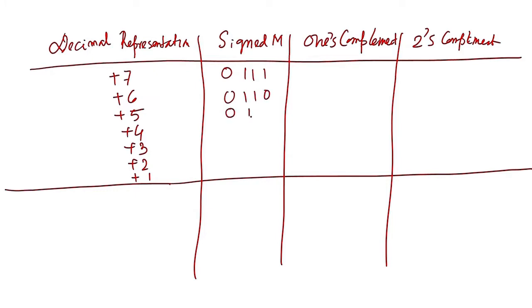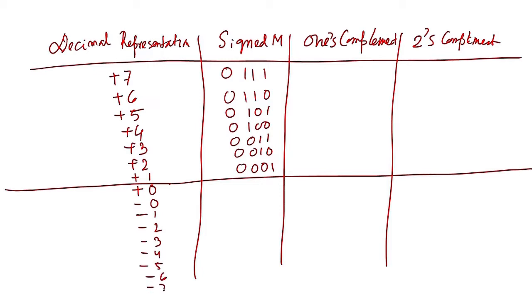So this will be 0 1 0 1, this will be 0 1 0 0, this will be 0 0 1 1, this will be 0 0 1 0, this will be 0 0 0 1. Now, we have a 0 here, and then we have -1, -2, -3, -4, -5, -6, -7. Okay. So, how do you represent this set of numbers here?